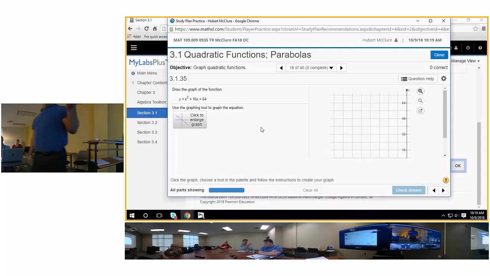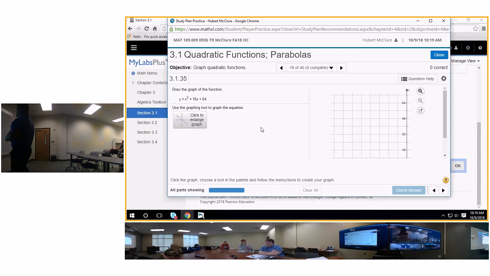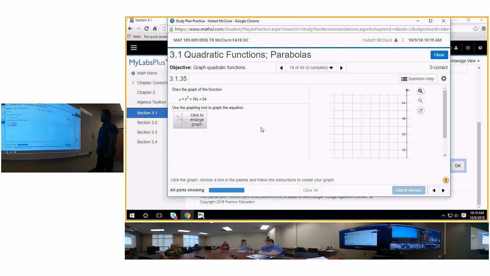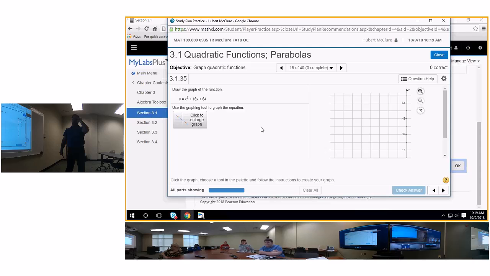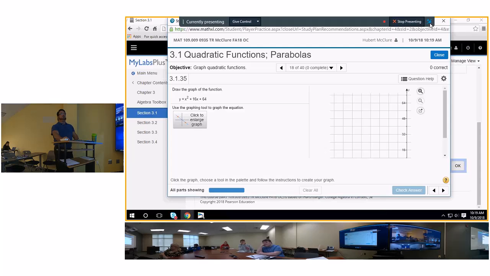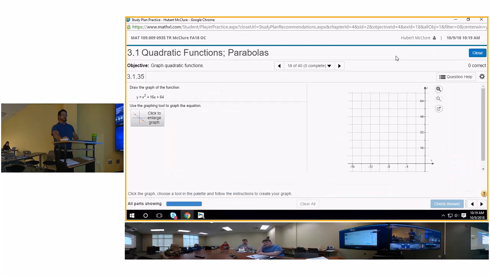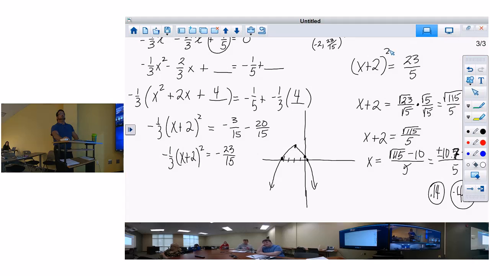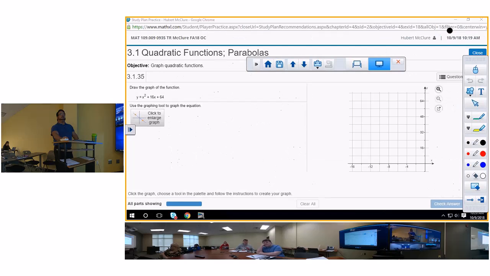Of course, you could do shortcut number 1, but in this section everything needs to be done by completing the square, because all I'm going to give you on the test is non-factorable problems. So just consider all of them unfactorable. Of course, if you want, you can do the lazy route, not be fluent with completing the square, and fail the test. That's up to you.